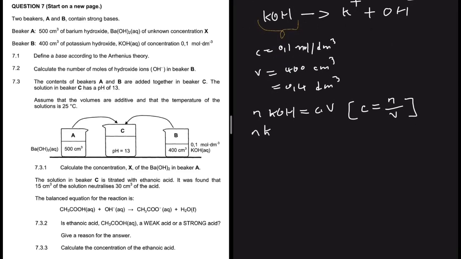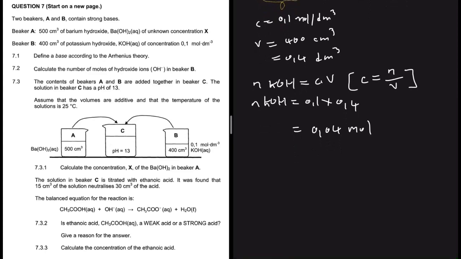So n of KOH will be equal to, what is the concentration? 0.1 mol/dm³. And what's the volume? 0.4 dm³. This will give us 0.04 moles, right? Now we can use this number of moles of KOH to determine the number of moles of OH-.